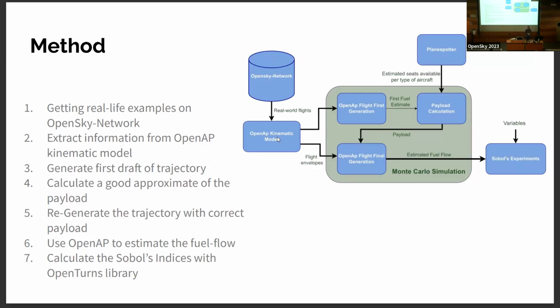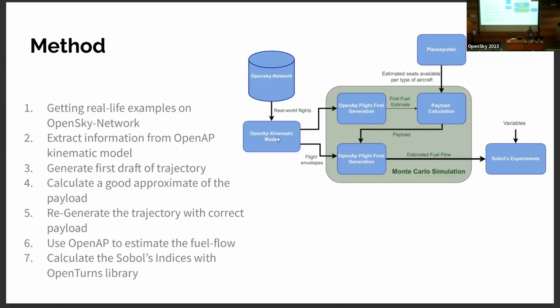It was presented just before in the previous presentation. Different variables, for example the speed during climbing, the height of the cruise, the altitude of cruising, are all probability distributions in the kinematic model. So we use that to generate a first draft of the different trajectories.